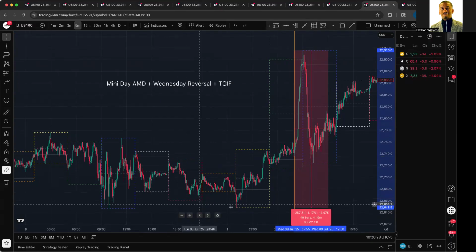So we had a mini day AMD setup of mini Tuesday. We had a Wednesday reversal, because look at that, Wednesday reversal there. So I know going into market open when I trade, I'm looking for a buy. And then boom, Thank God it's Friday trade reversal, back at least 50% of the day's range.